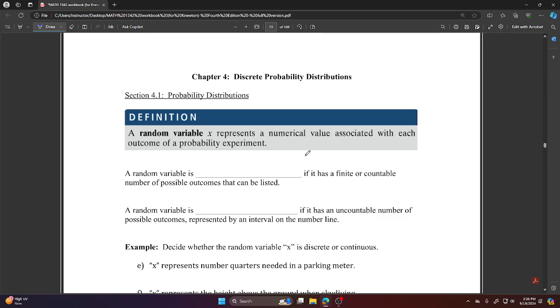It's tiny. Okay, so discrete probability distributions. Some of these definitions I have. So discrete is when it's finite or countable. And when it's not countable, that's continuous. We had already seen this a long time ago, but I'm just going to remind you. We're going to be focusing on discrete, which means whole numbers. So we have an x and an f of x.